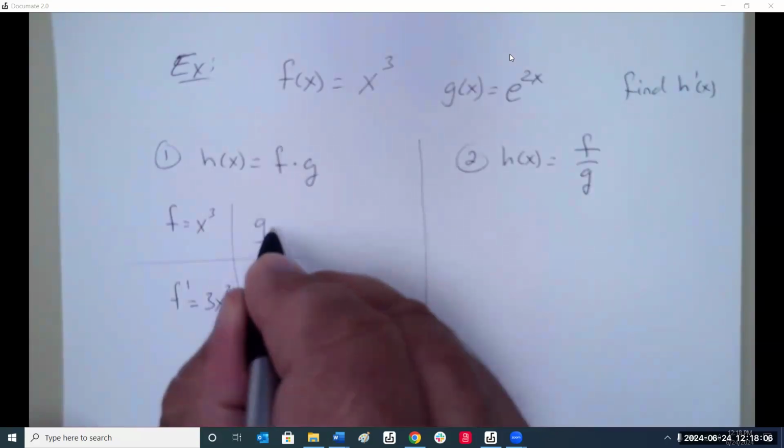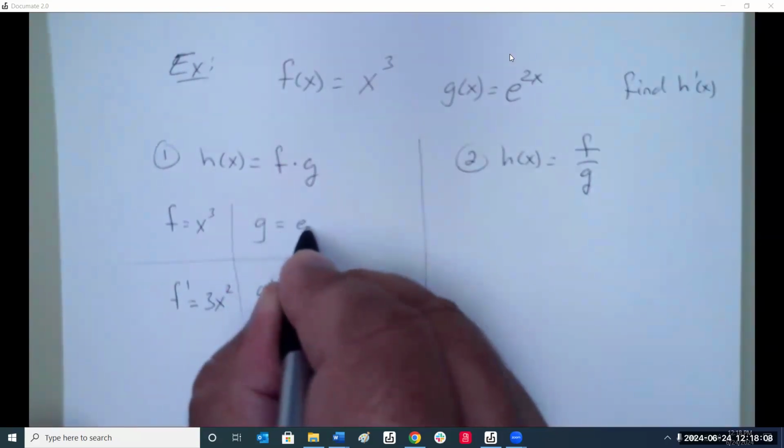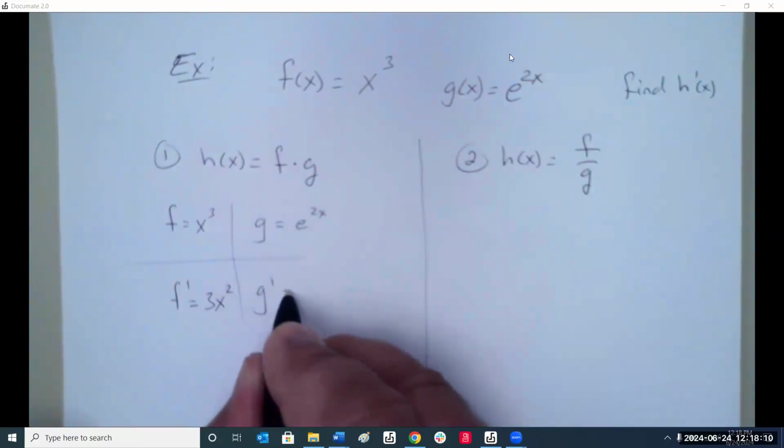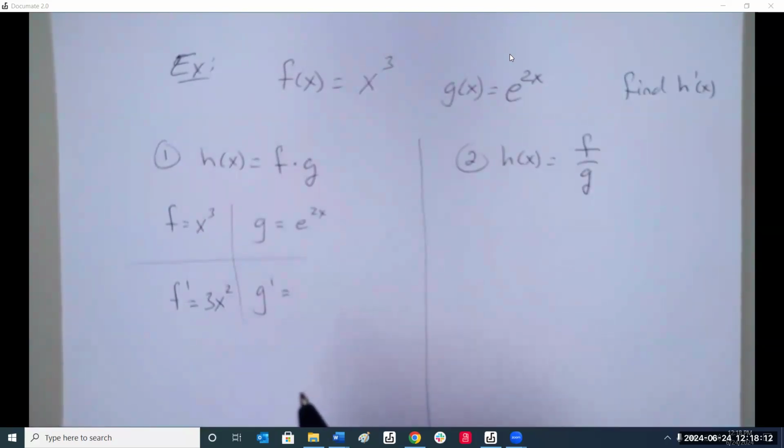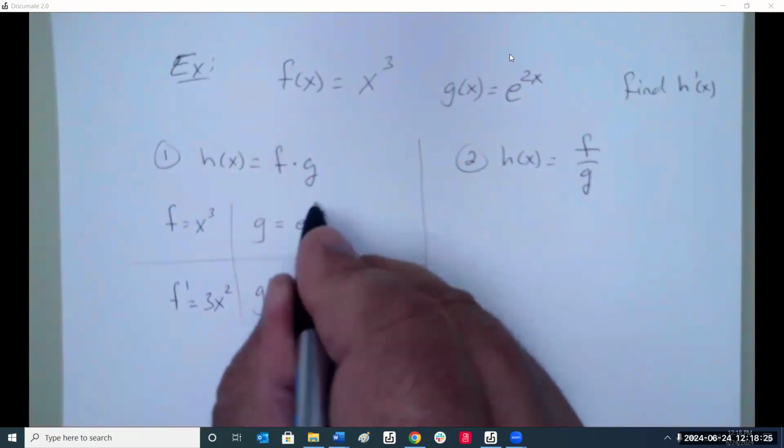And G of X is e to the power 2x. So G prime would be, we know it has to be that.